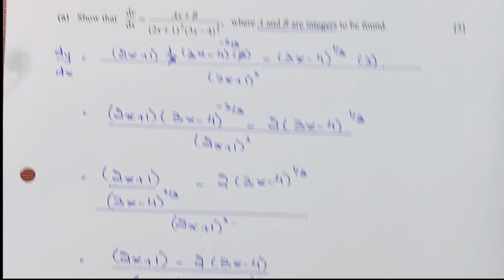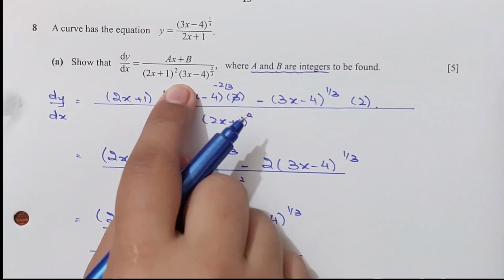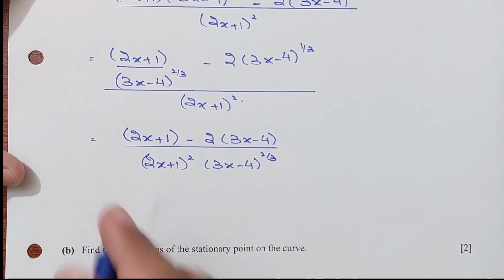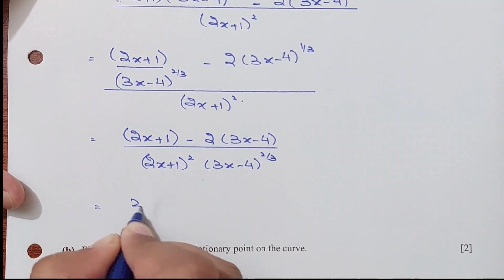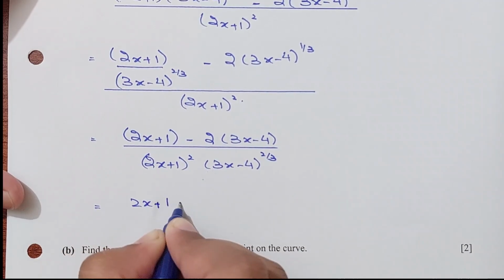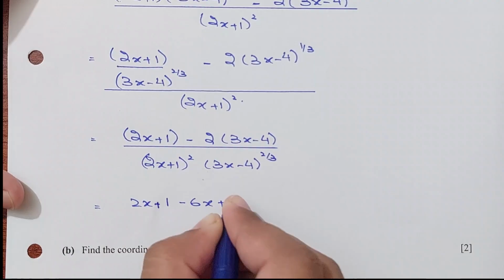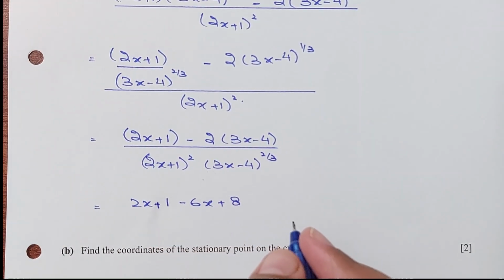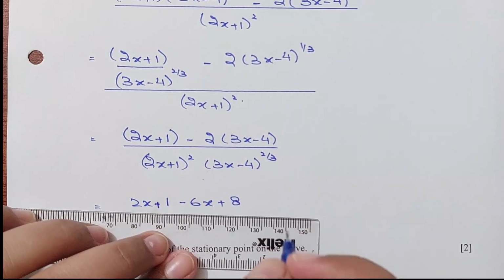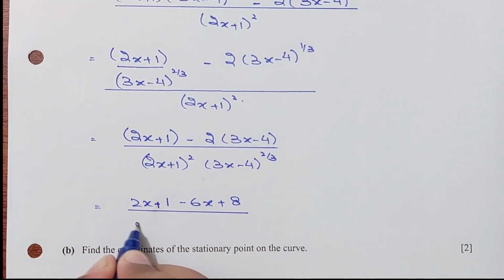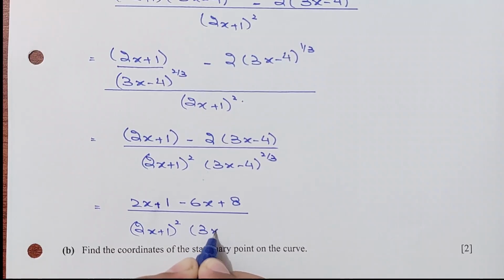So as you can see, 2x plus 1 whole square, 3x minus 4 power 2 by 3. Right, let me simplify the numerator. So this is 2x plus 1 minus 2 times 3x would be 6x, plus 2 times 4 is 8. This whole divided by 2x plus 1 whole square into 3x minus 4 power 2 by 3.